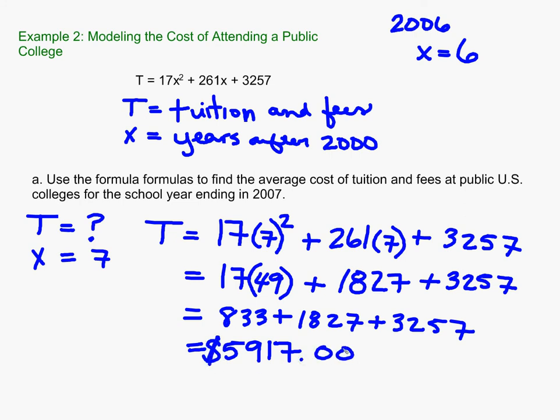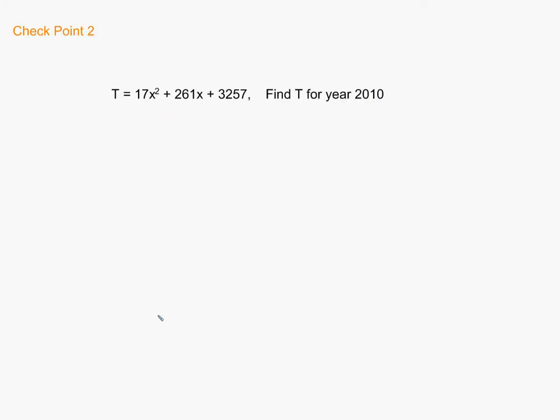So I'm going to make sure that I put that unit in. And this is my final answer. So what this means is that in year 2007, tuition is going to be $5,917.